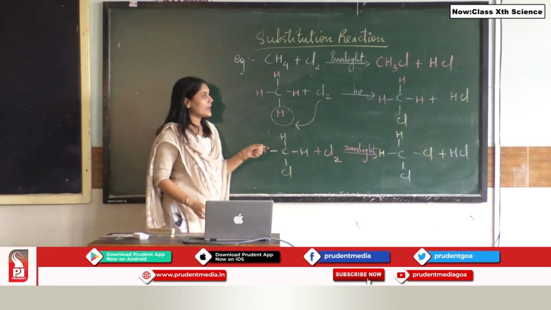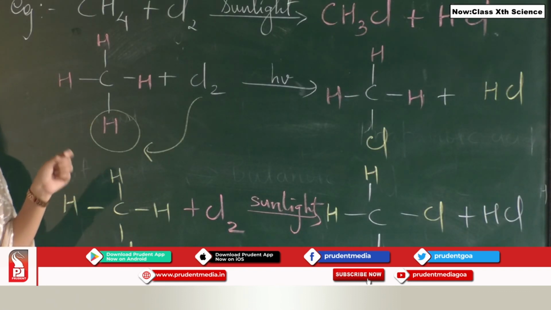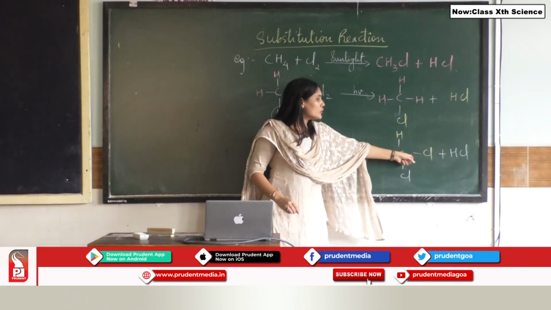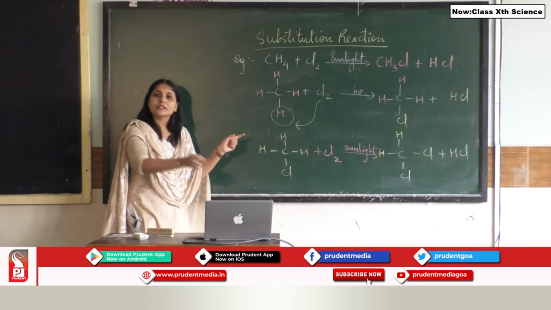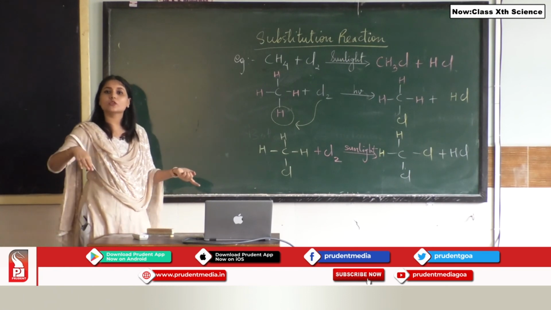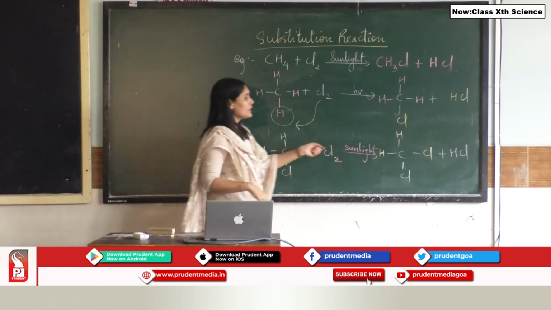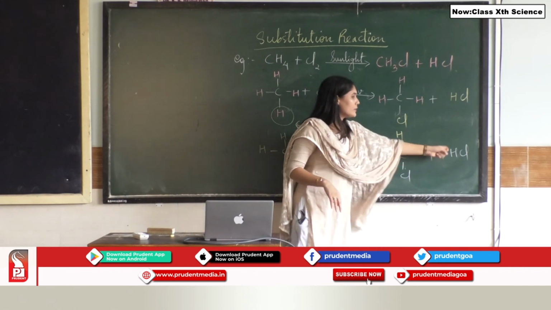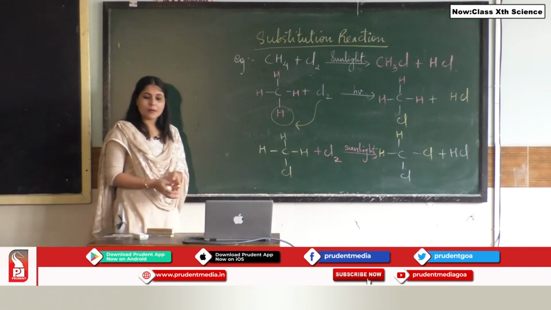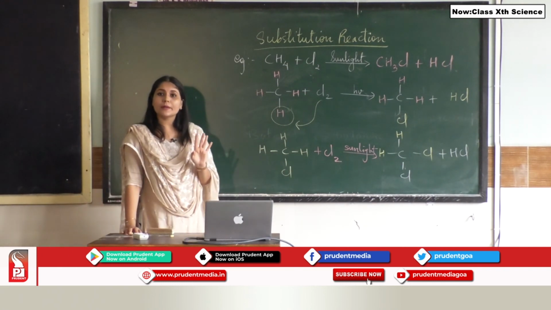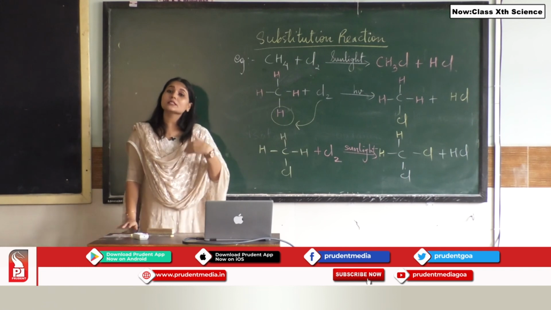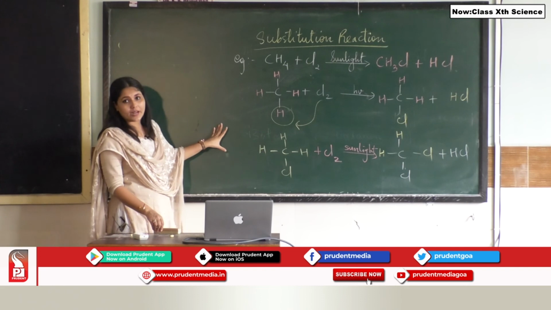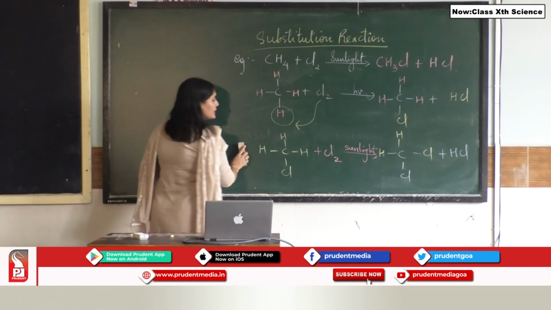So in the first reaction one hydrogen atom is replaced by a chlorine atom, and in the second reaction another hydrogen atom gets replaced by a chlorine atom. This reaction is going to go on till all the hydrogen atoms are replaced. So over here you are getting 2 chlorine atoms, 2 hydrogen atoms plus HCl. This is an example. You can see it is not just replacement of one hydrogen atom, but replacement of 2 hydrogen atoms or more. These are organic compounds in which the hydrogen atom is getting replaced.